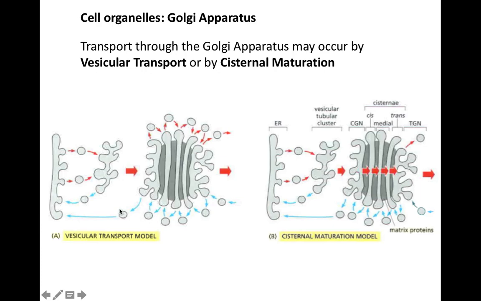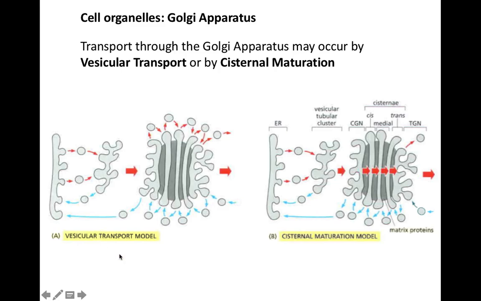These vesicles could be carrying proteins which were not yet properly prepared for the Golgi apparatus, or they move backwards towards the ER because these proteins could be needed in the ER. So this is what we call the vesicular transport model. It states that proteins move from the cis phase of the Golgi apparatus toward the trans phase in the form of vesicles.